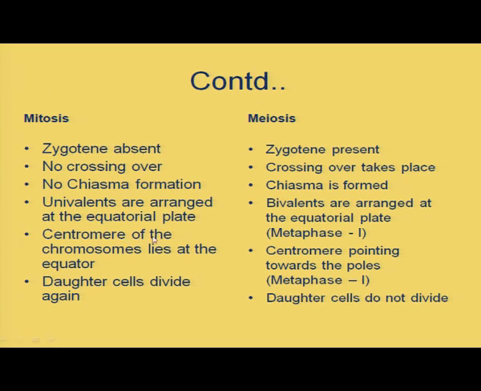In mitosis the centromeres of the chromosomes lie at the equator, and in meiosis the centromere is pointing towards the poles, mainly in the metaphase 1 stage. In mitosis the resulting daughter cells can divide again, and in meiosis the daughter cells do not divide.